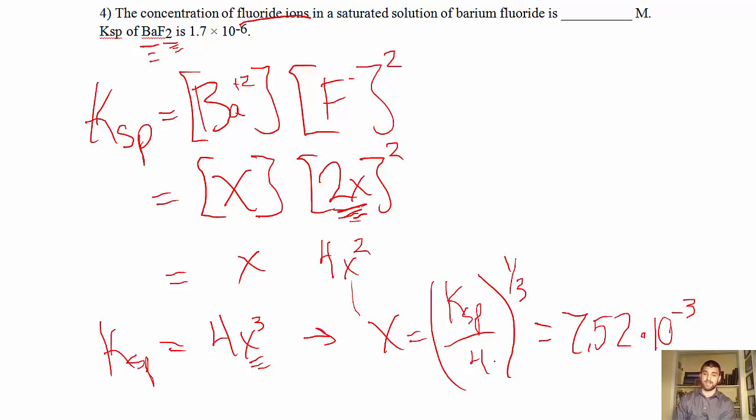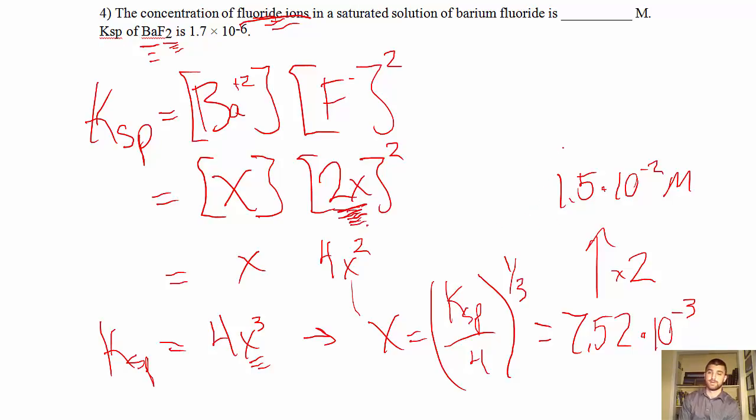And now, that's x. I want 2x, so I have to multiply that by 2. And I get 1.5 times 10 to the minus 2 molar for the fluoride ion concentration, because the fluoride ion concentration is 2x, not just x. And so that is my final answer. Cool. So not too bad, right? See you in class.